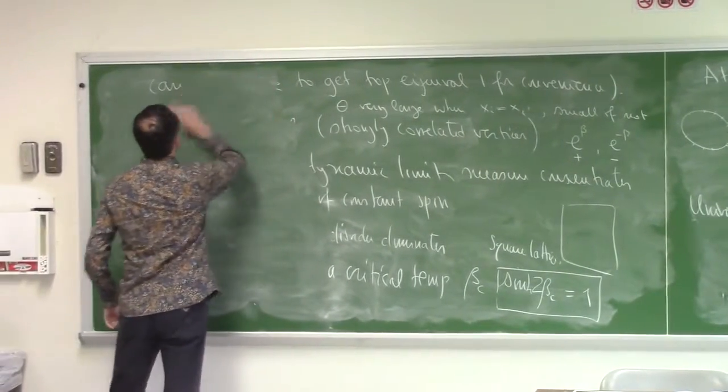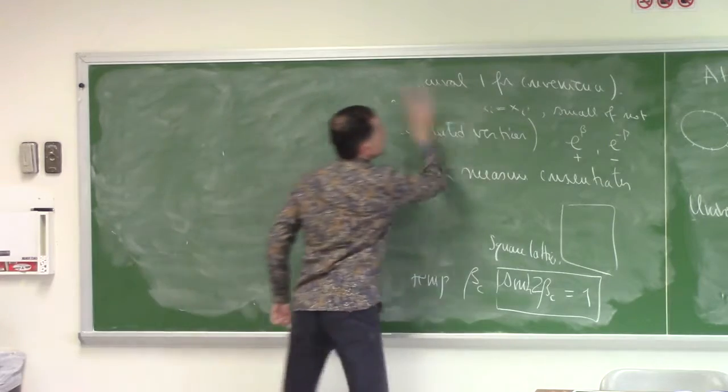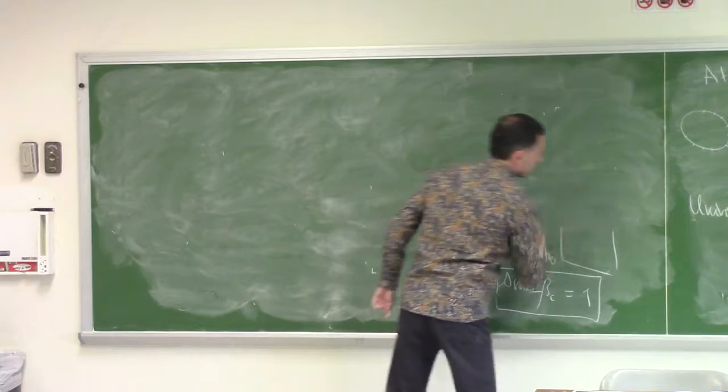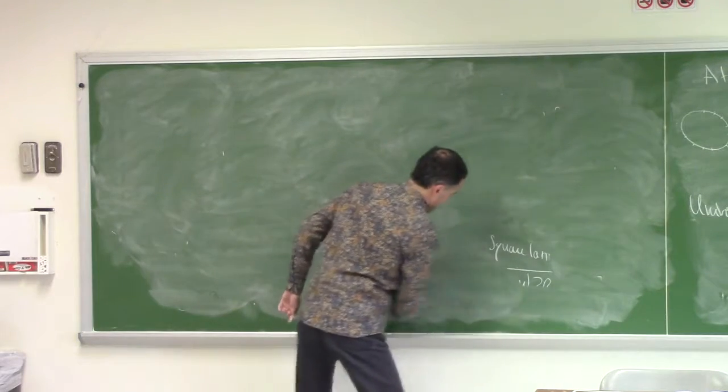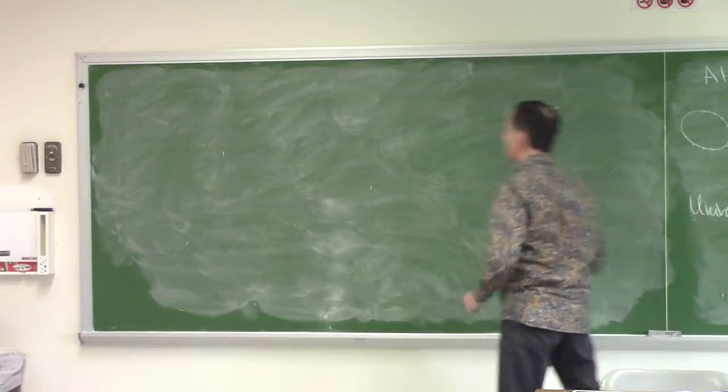Okay, now the mystery with all this background. In spite of this apparent difference between high and low temperature, in fact, the theories are meant to be equivalent at high and low temperature.